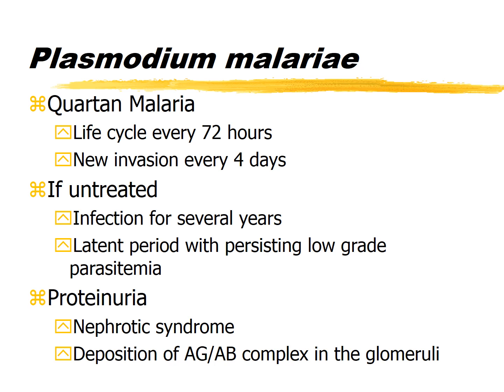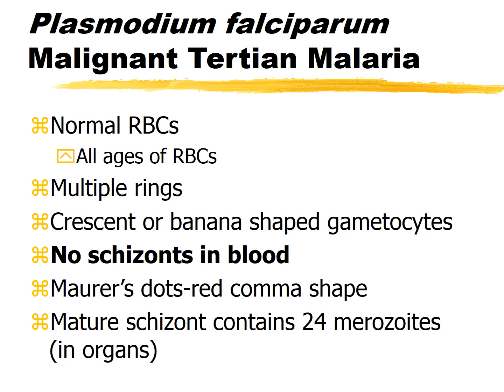You'll see proteinuria, which is characteristic for malariae, and they think it may be associated with nephrotic syndrome. They also see antigen-antibody complexes deposited in the glomeruli.